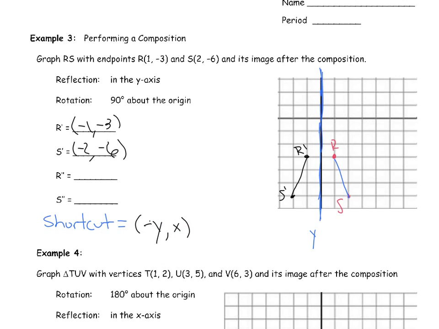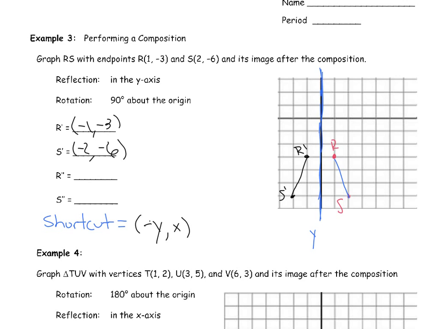That basically means we're switching the location of those points, and we're going to make y the opposite. Now, the points that we are changing are R prime and S prime, okay? So we're moving this one, not the pre-image here. We're moving this one 90 degrees counterclockwise. So these are the points we're going to manipulate using our shortcut.